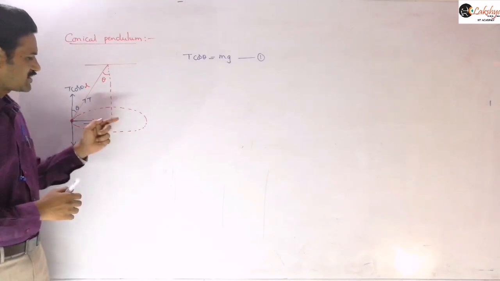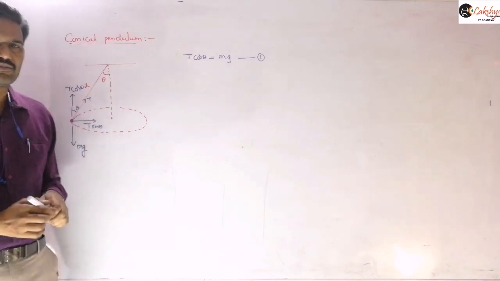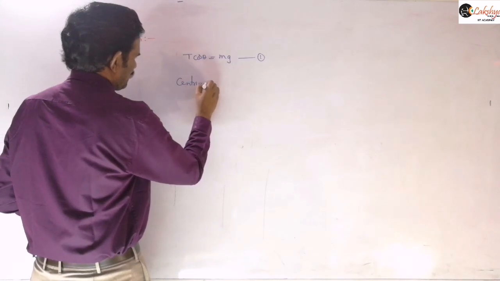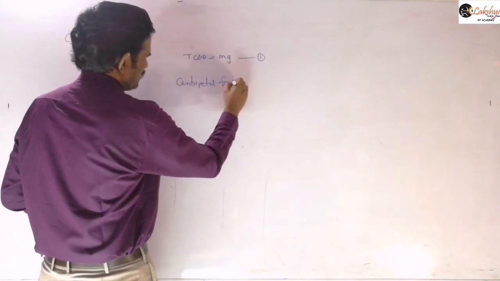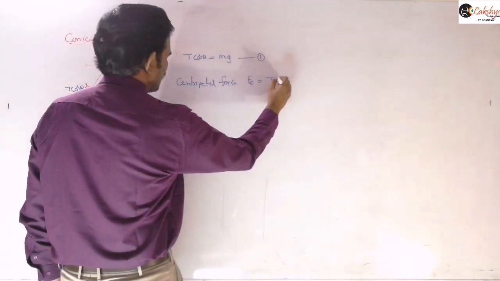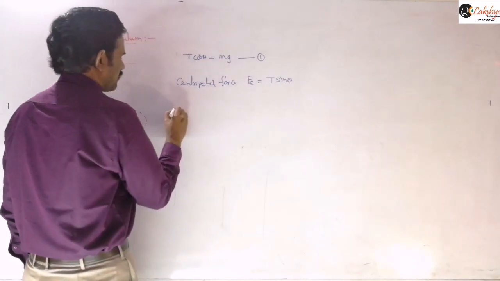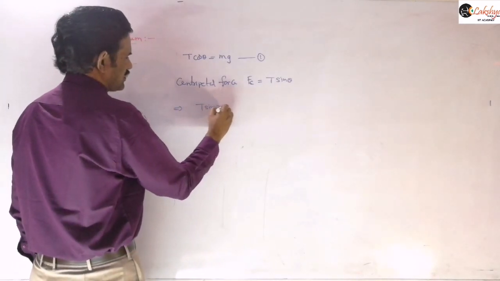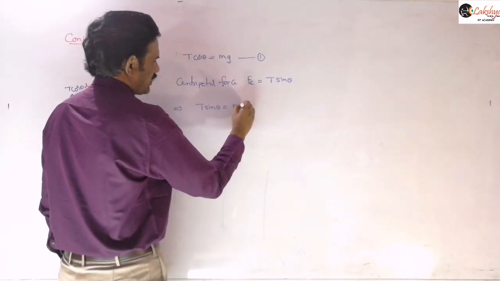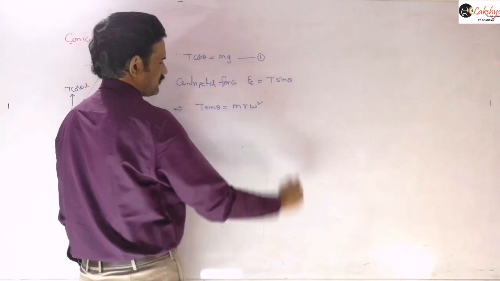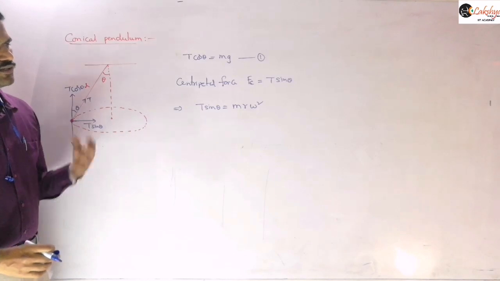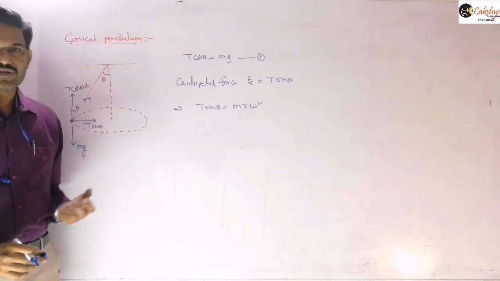And so now here in this example, T sine theta will provide the centripetal force here, and therefore centripetal force Fc is equal to T sine theta, and that implies I can write T sine theta is equal to either mv square by r or m r omega square. m r omega square I am writing now, and you know r value now we need to write here.